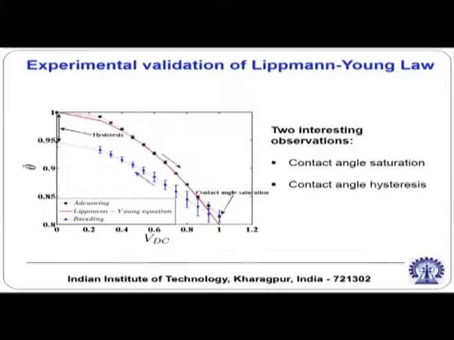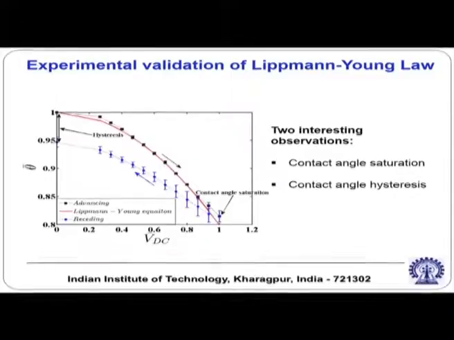So, you can see that there are two interesting observations. This red colored line with black squares on the top of the red colored line is a representative of the advancing contact angle.